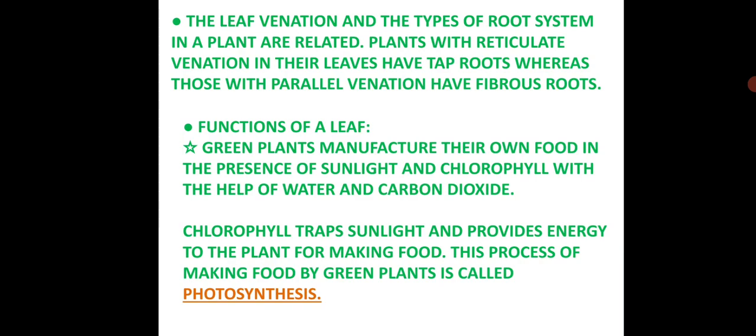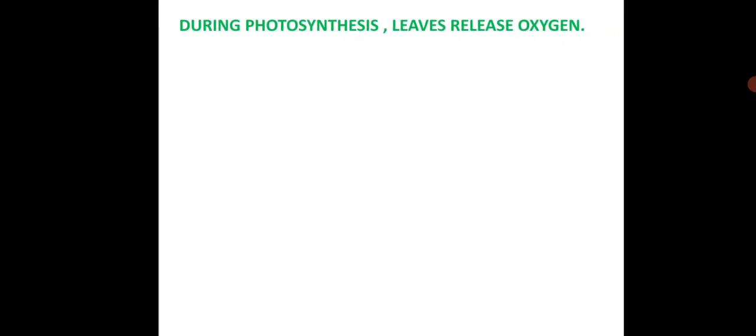This plant food is a kind of simple sugar called glucose. This process of making food by green plants is called photosynthesis.